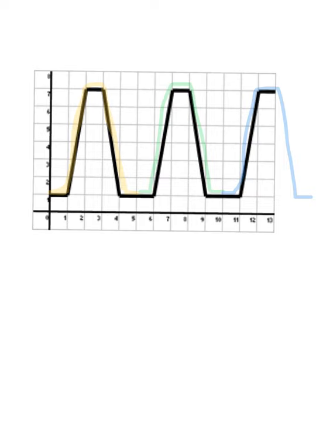Periodic functions have a maximum point and they have a minimum point. We can also talk about the length of one cycle. So from there to there, this is the part that repeats.